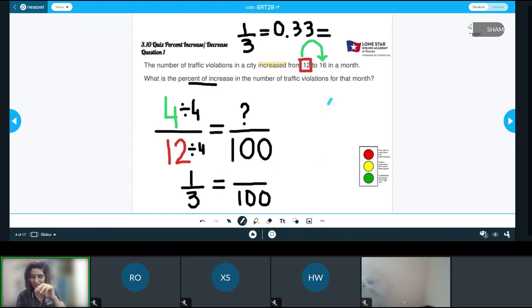So how much is 0.333 as an ongoing means put a bar on top of it. So how much is that as a percent? It is going to be 33 point ongoing threes percent, 33.333 ongoing percent.